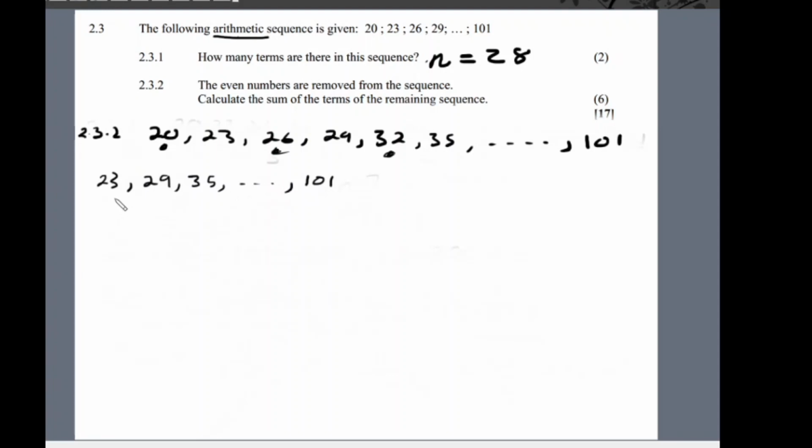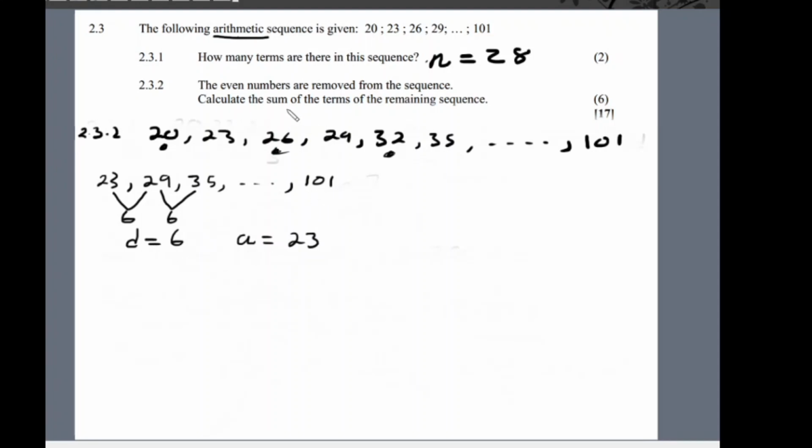The remaining terms form a sequence on their own. To move from 23 to 29 we added 6, and from 29 to 35 we added 6. So the new sequence has a common difference of 6. It's an arithmetic sequence, the first term is 23, and the last term is 101.